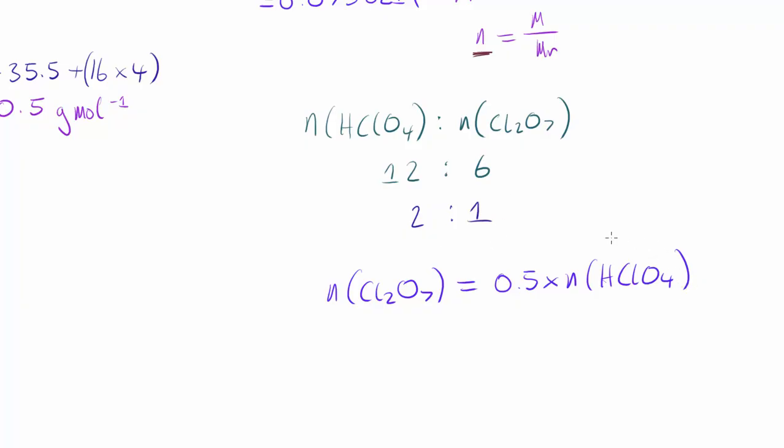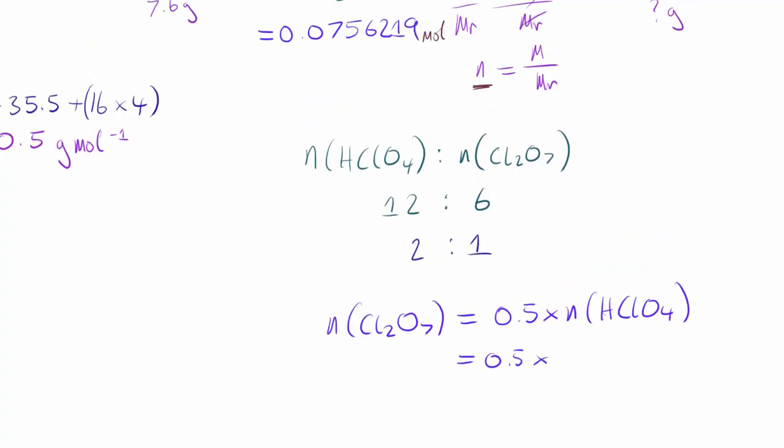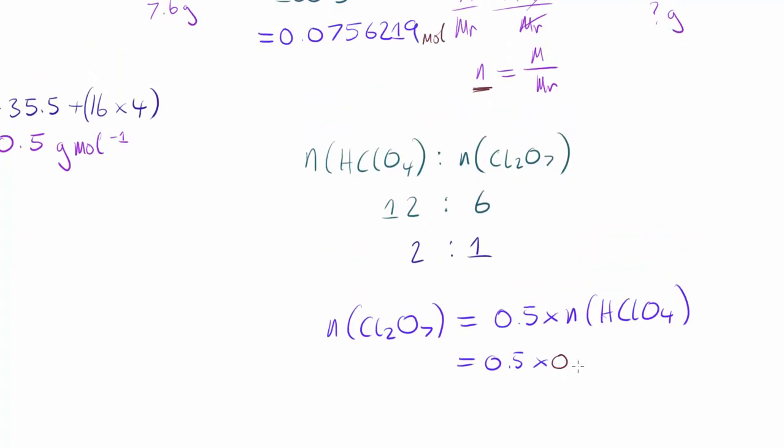And we have that value, so that's going to be 0.5 multiplied by this value we've got here, which is 0.0756219 moles, right?